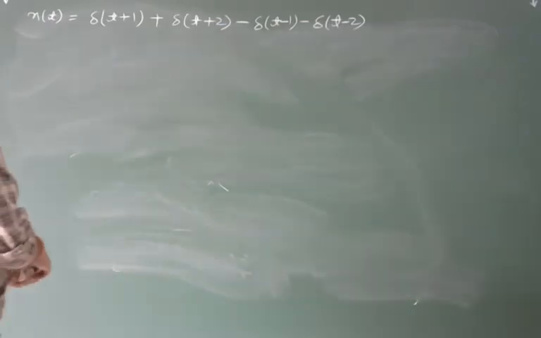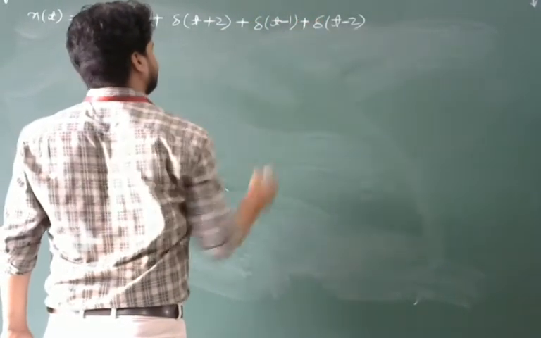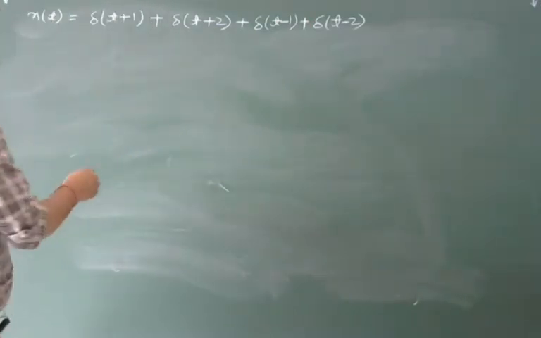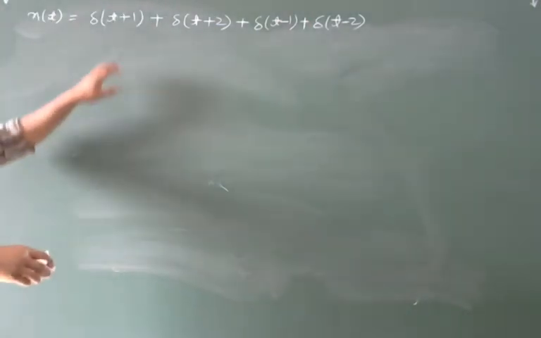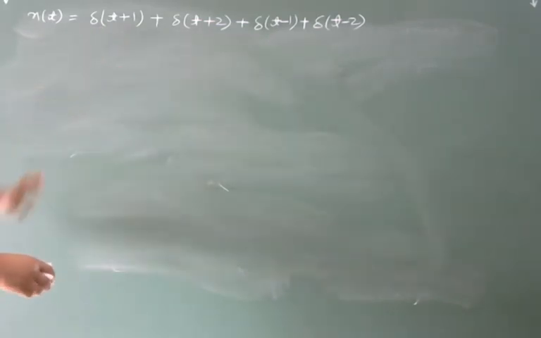This is the signal given for which we have to apply the time shifting property of the Fourier transform. If these are plus, then we can directly apply the formula to get the Fourier transform, or we can apply the time shifting property.